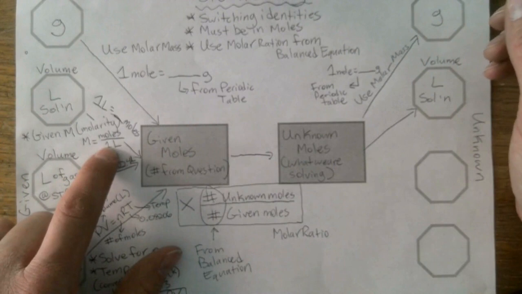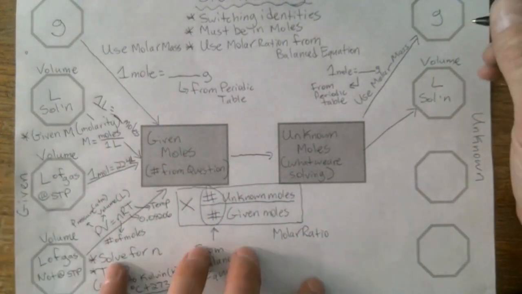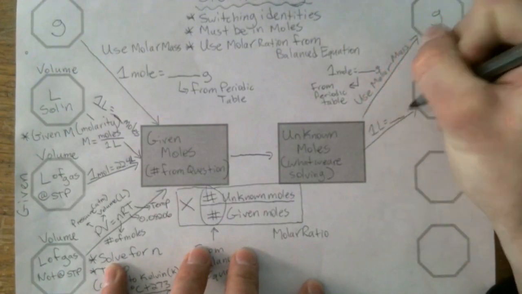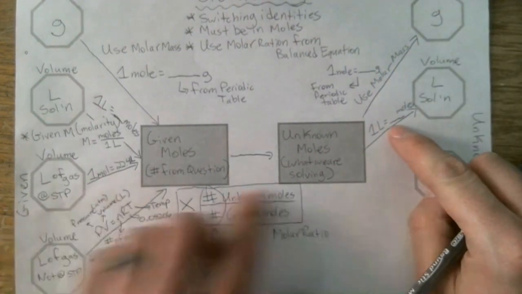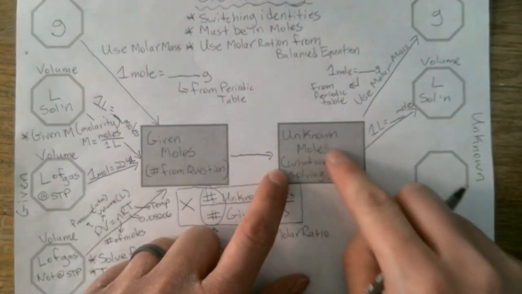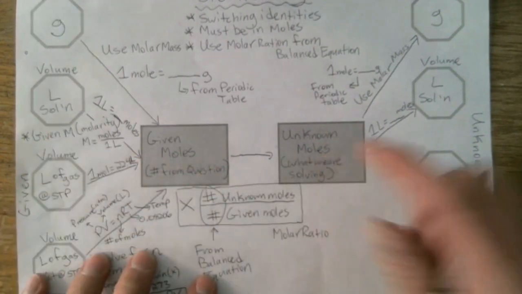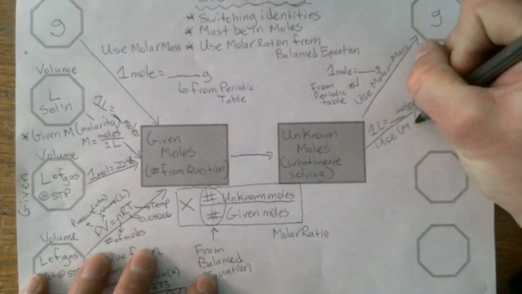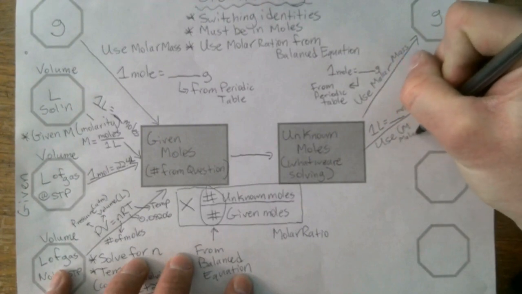So we're trying to solve for the amount of liters. So we're going to plug that in. So it'll be 1 liter equals blank moles. So that's what we will have as our previous component here from the unknown moles. So we're going to use, again, molarity here. So big M equals molarity.